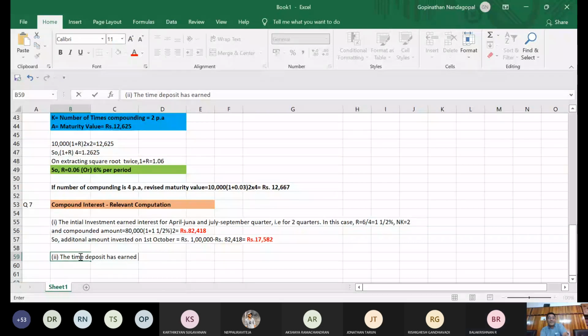Proceed, sir. Yeah. The time deposit has earned interest compounded monthly for 2 quarters.